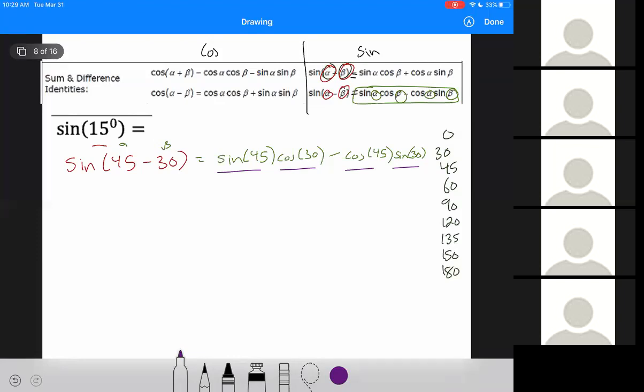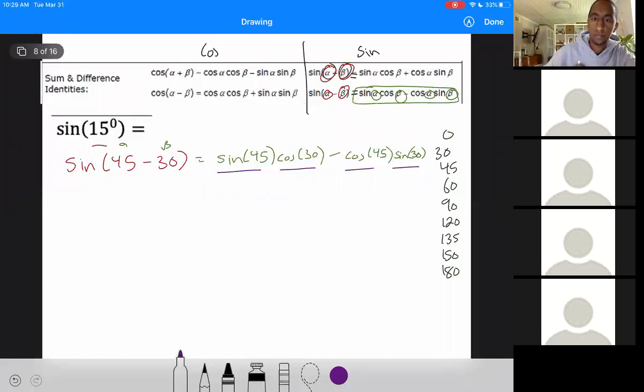So Fabian, we'll start with you. Sine of 45, what is that one going to equal? That's going to equal 0.85. Well, let's do it as a radical, actually, like on the unit circle. That's going to equal square root of 2 over 2. Okay, good, thank you.